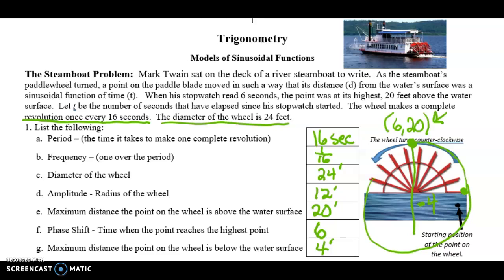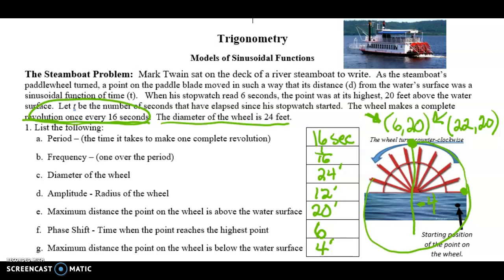Okay, let's see if we can get the next high point. It took 6 seconds to reach the highest height, which is 20 feet, and the revolution is every 16 seconds. Then 6 plus 16 is 22. So after 22 seconds, that point will be 20 feet above again. Now let's consider half of a revolution.